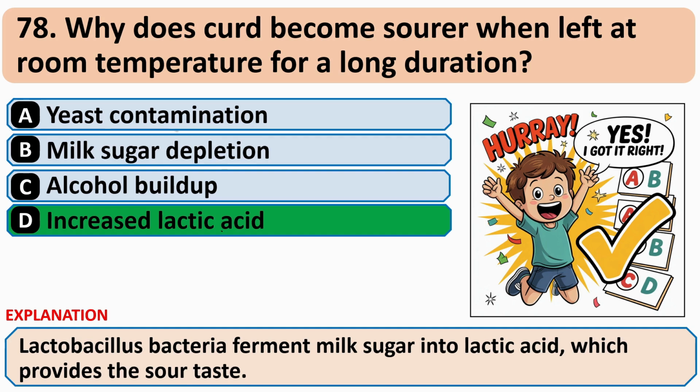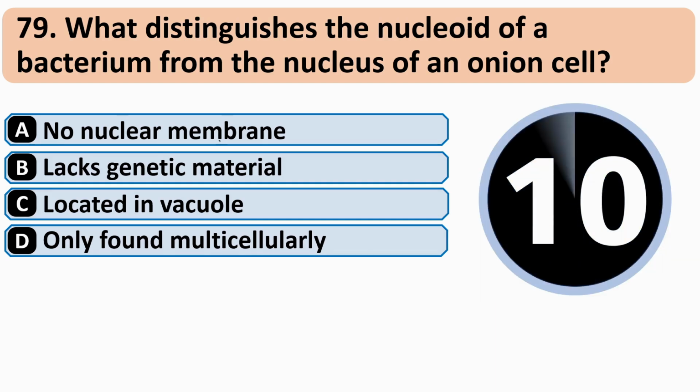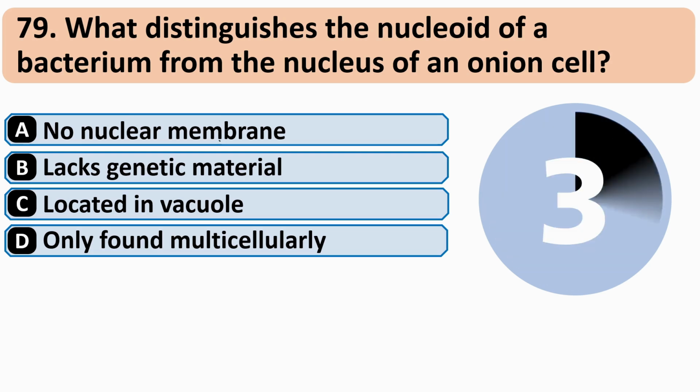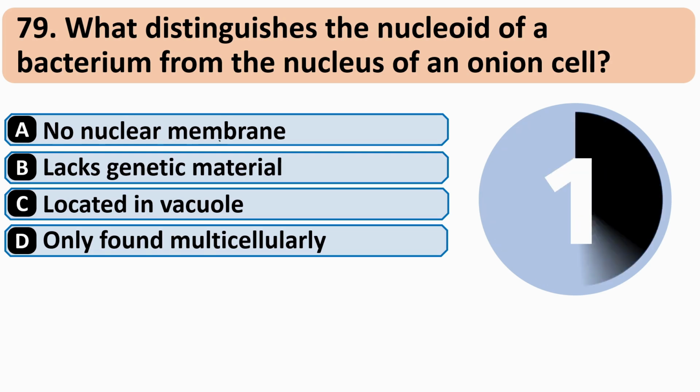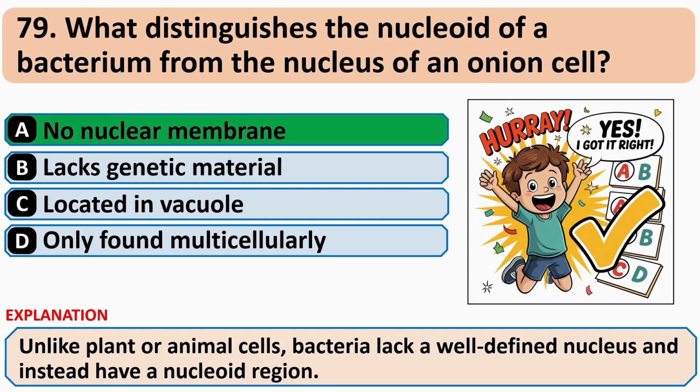What distinguishes the nucleoid of a bacterium from the nucleus of an onion cell? And correct answer is A, no nuclear membrane.